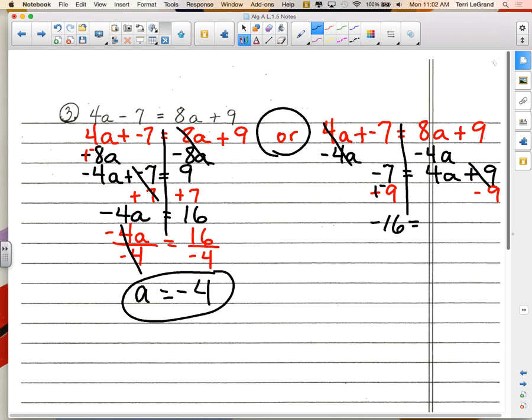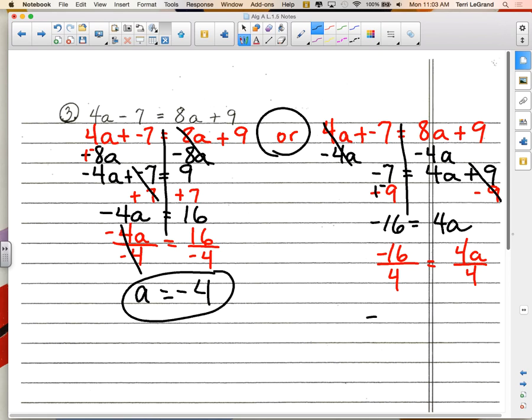And what happens over here? These guys cancel and we have 4a, not just a yet. Now we divide both sides by 4. So we have negative 16 divided by 4 and 4a divided by 4. And what's a negative divided by a positive?